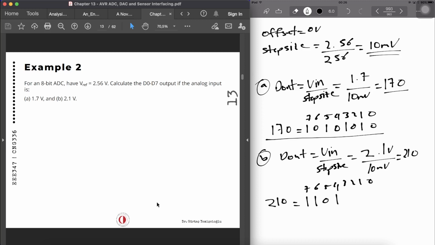Then 16 gives us 64, 16, it's going to be 80, and then we have got 128, 208, and we have got 2 more, and the rest will be zeros. So that will be 210 in binary.